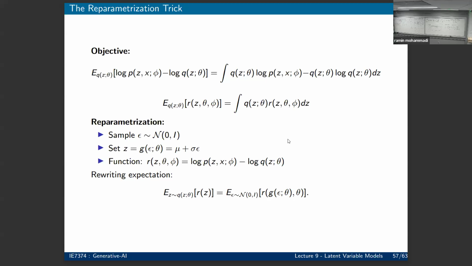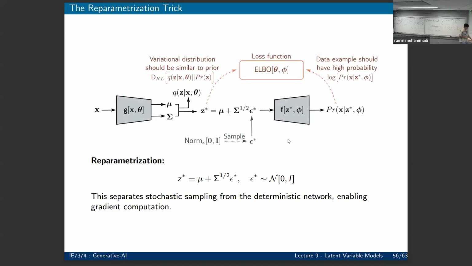No, we didn't make Z deterministic. Z itself comes through a large process. You go through the encoder, it gives you a mean and a covariance, and then based on that you find Z. Previously, we sampled Z from here.